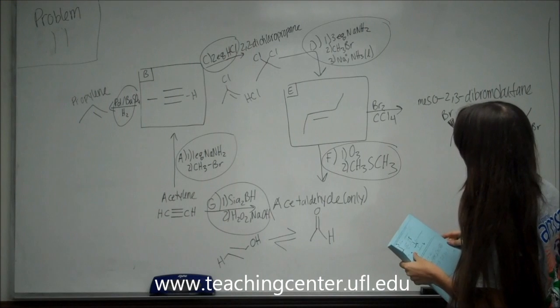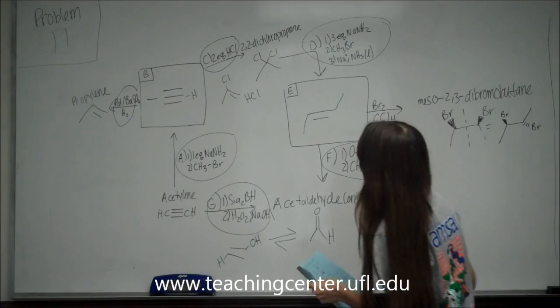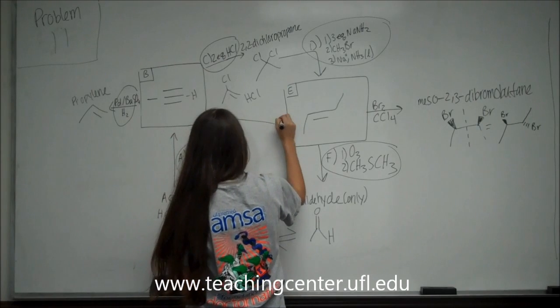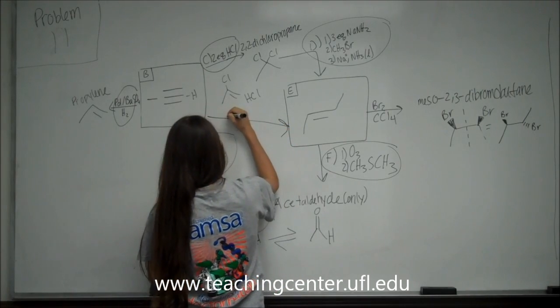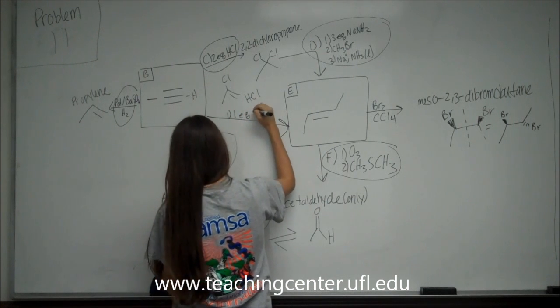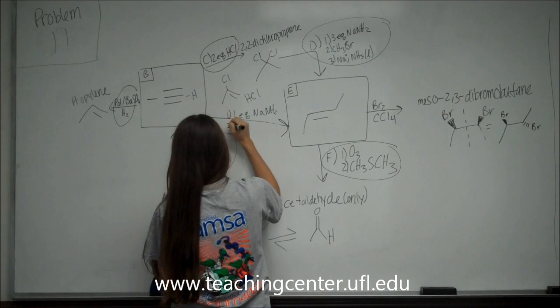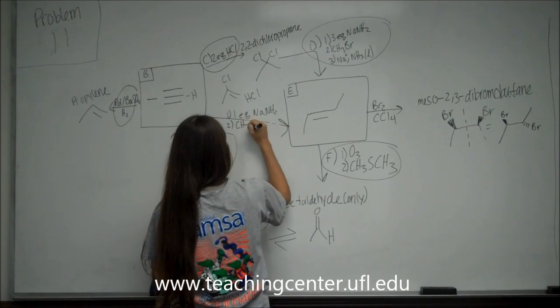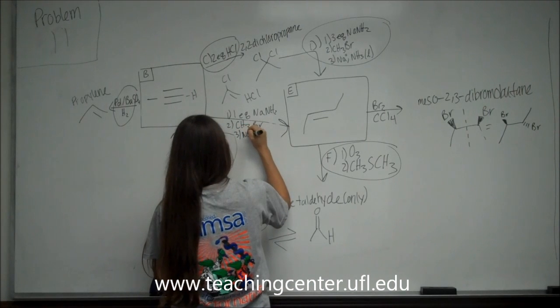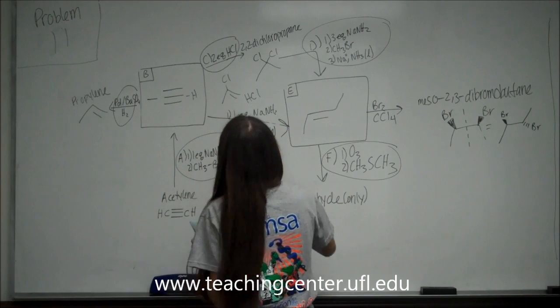And then from part C, I actually skipped all the way to E. Oh, I'm sorry, I forgot something. So from here to here, there's NaNH2, then CH3Br, and then sodium metal in NH3(l).